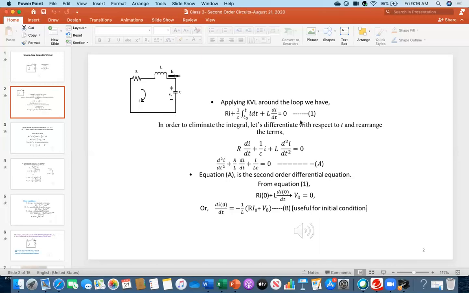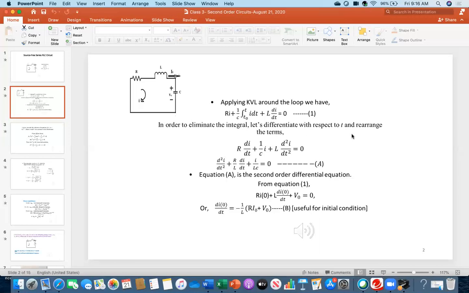Again, similar to the previous parallel case, because there is an integral sign, the middle term is an integral, so we want to eliminate that integral term. How to eliminate it? We have to differentiate, taking the derivative with respect to time.